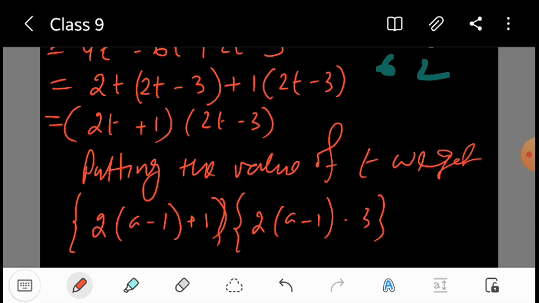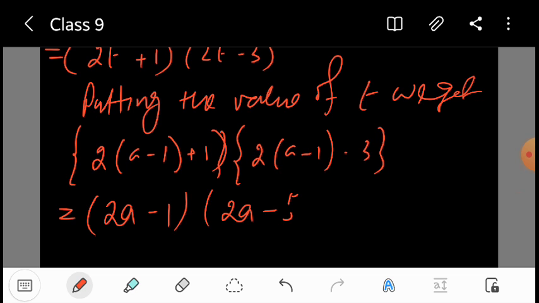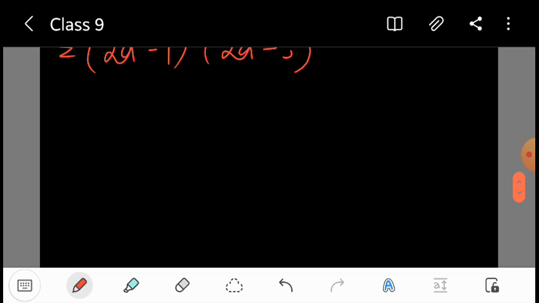Now for simple calculation, this is 2a minus 2 plus 1, so this is 2a minus 1, and that will be 2a minus 2 minus 3, this is 5, so 2a minus 5, and so that is the answer.